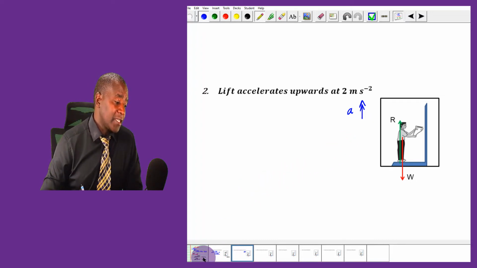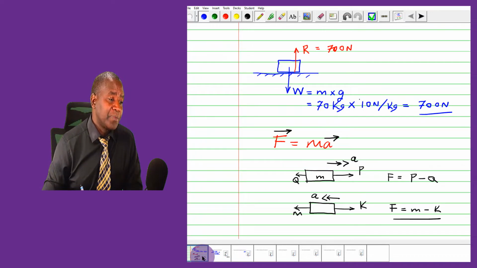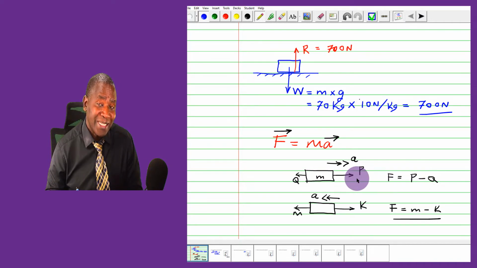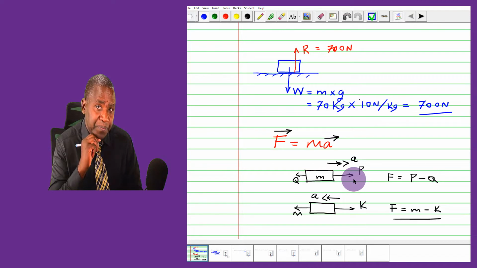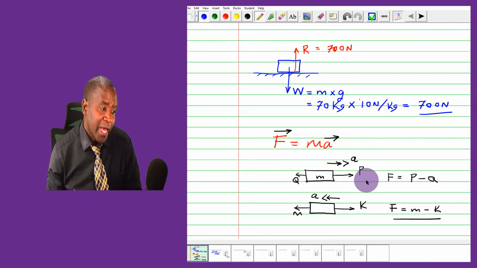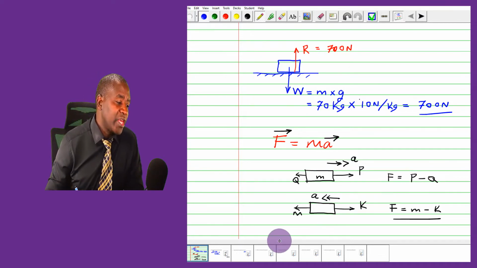In the first slide here, we learned that if we know the direction of the acceleration, we can tell which of the two forces acting in opposite directions is greater than the other one. So if the acceleration is to the right, then we conclude P is greater than Q, and in order to get the resultant force, I do P minus Q. And that is the exact situation that we are faced with here.